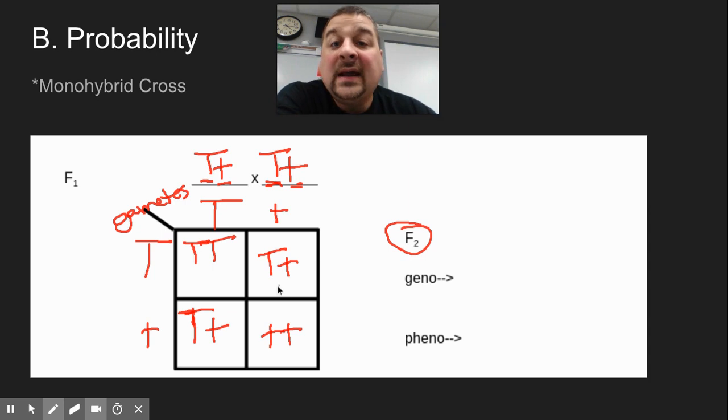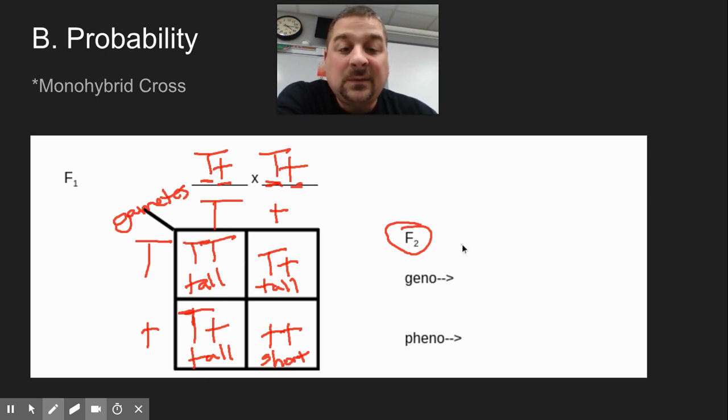Now, the genotypic ratio is a little bit different. Here we have tall, tall, tall, short. Not all the tall ones have the same genotype.